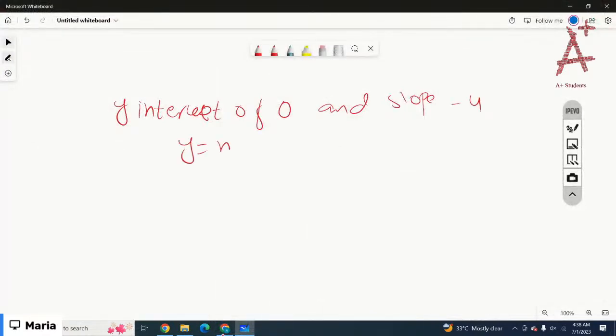So the equation would be y equals mx plus b. This is the m, the slope, and this is the b. So it would be y equals negative 4x plus 0. So the equation is y equals negative 4x. Got it?